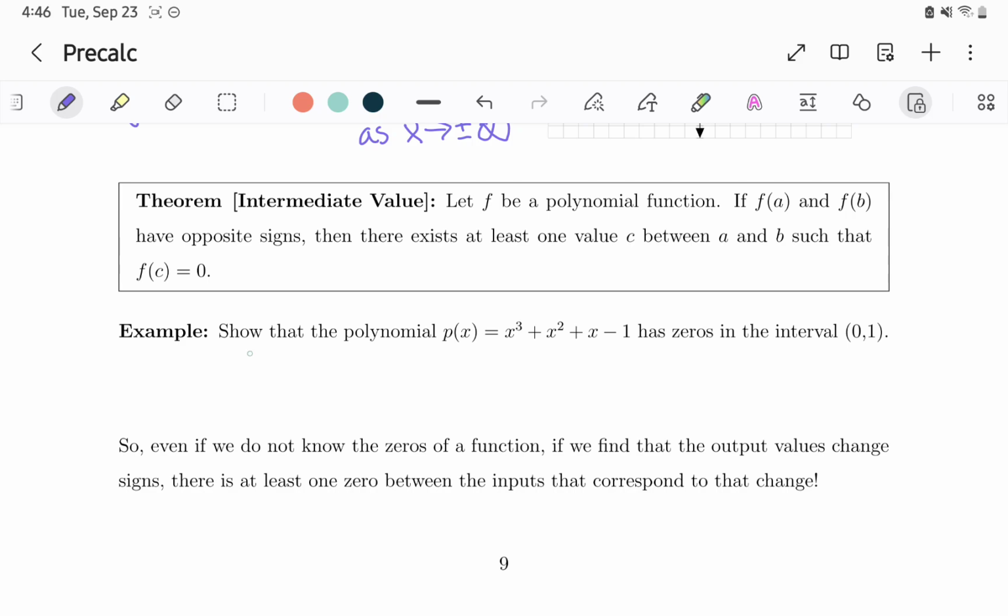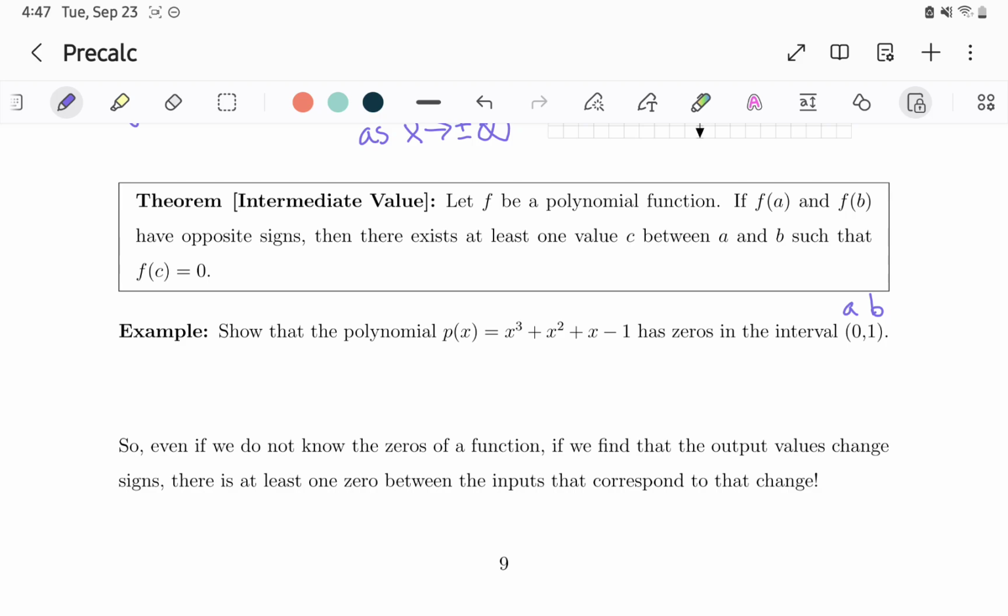So we are going to use the intermediate value theorem to show that the polynomial p of x, which is equal to x cubed plus x squared plus x minus 1, has zeros in the interval from 0 to 1. So here 0 is going to be our a, and 1 is going to be our b.